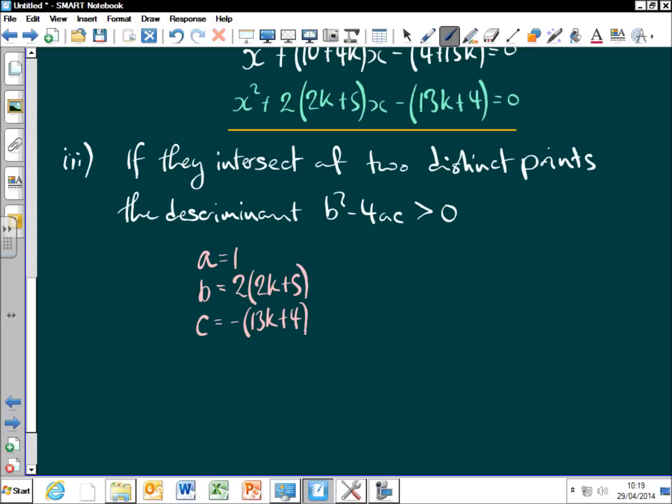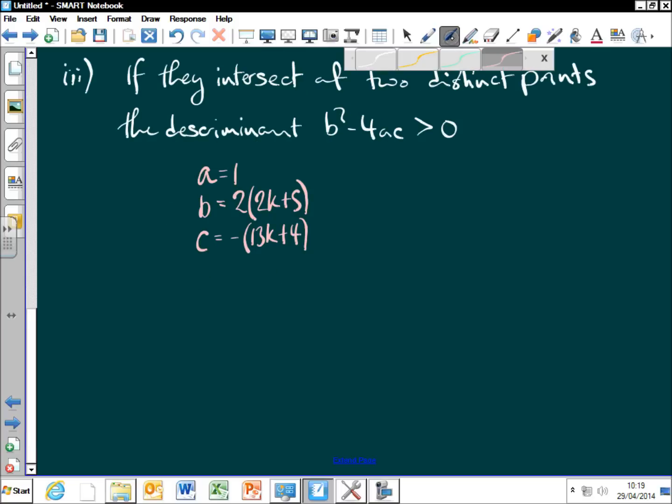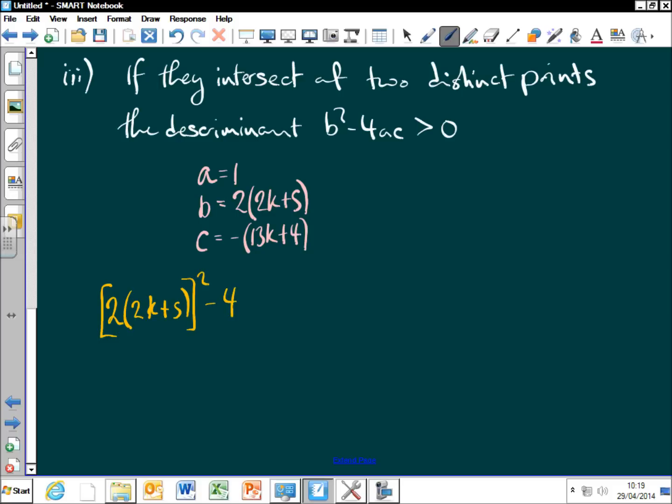And we want the discriminant to be greater than 0, so we're going to write this down: 2 times 2k plus 5 all squared, because that's all of B, take away 4 times A, well A is just 1, times C, well that's C but there's a negative in front of it, so that's plus. We want that to be greater than 0.